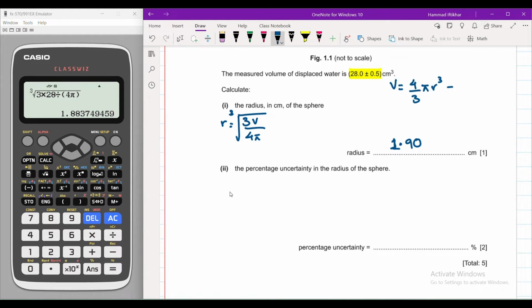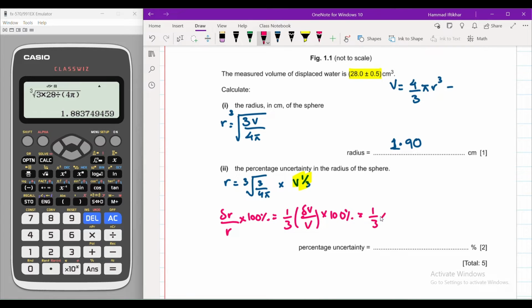The percentage uncertainty in the radius of the sphere. The radius is coming due to the cube root of 3 over 4 pi. This is a constant, so there is no uncertainty in this. But it's also coming with the cube root of the volume. This is what's contributing to the uncertainty in the radius. To get the fractional uncertainty in the radius times 100%, we need to do 1/3 because this is the power. 1/3 of the percentage uncertainty in volume.